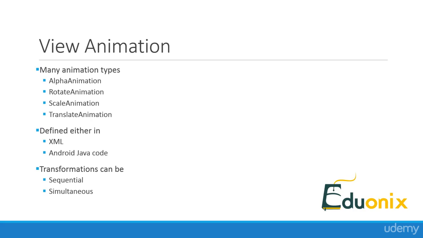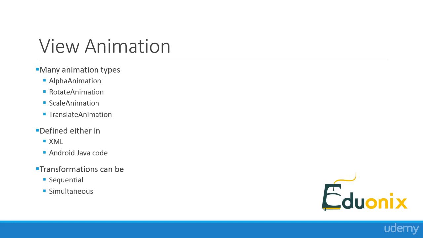So if we have a text view object, we can move, rotate, grow, or shrink the text very easily. If it has a background image, the background image will be transformed along with the text. The animation package provides all the classes used in these animations and includes classes like alpha animation, rotate animation, scale animation, and translate animation.